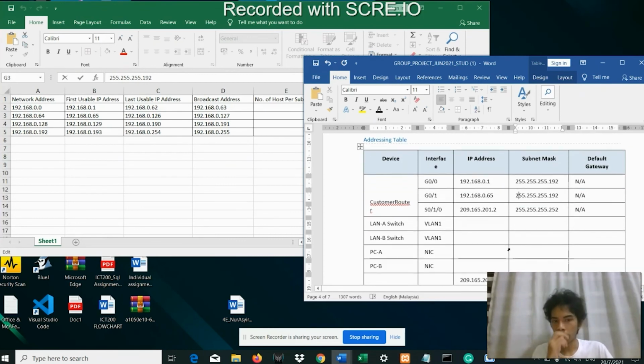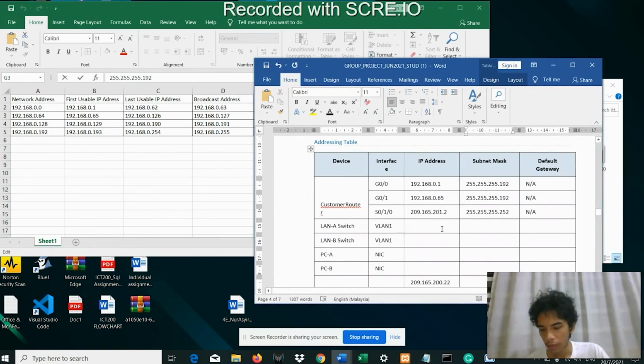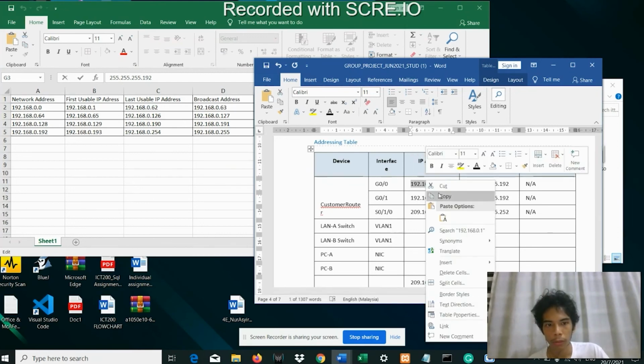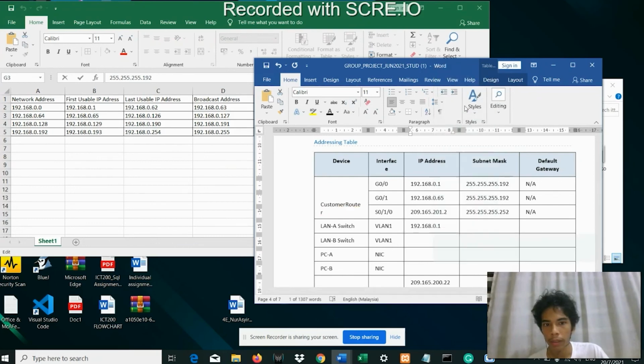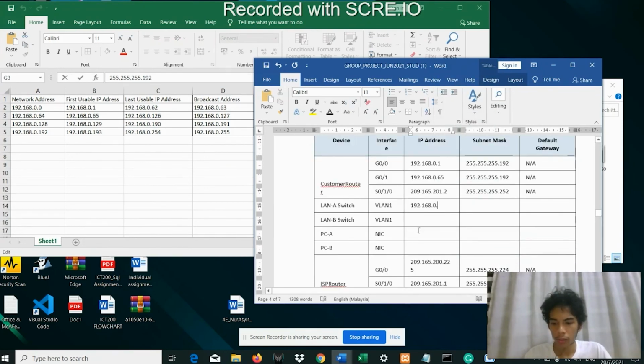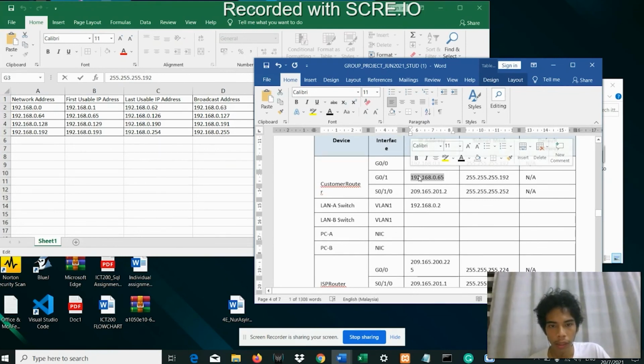Okay, now we go to the LAN A switch. It should be the same but different. So we copy this, paste, and use 2 instead of 1, and the same goes for the LAN B switch.